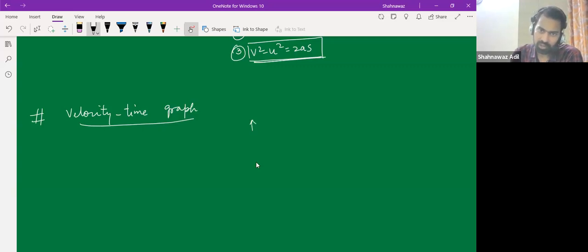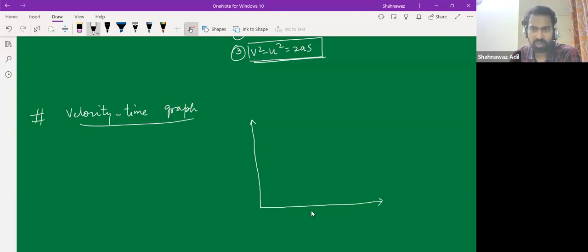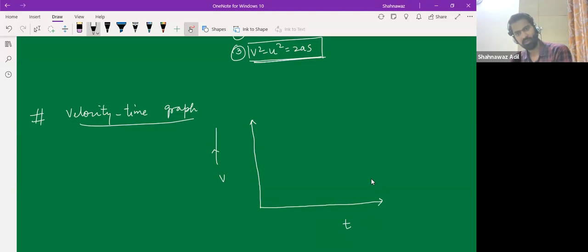Yeah, what is the graph of the VT graph in uniformly accelerated motion? It's constant. It's constant in velocity time graph. It's a straight line, right?